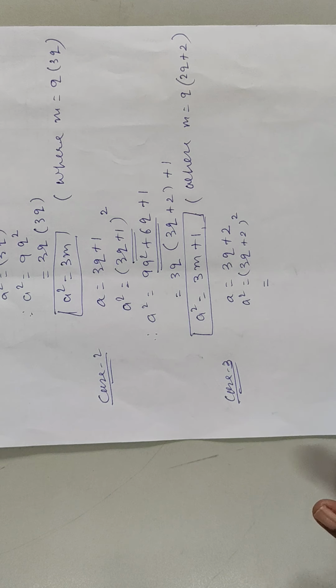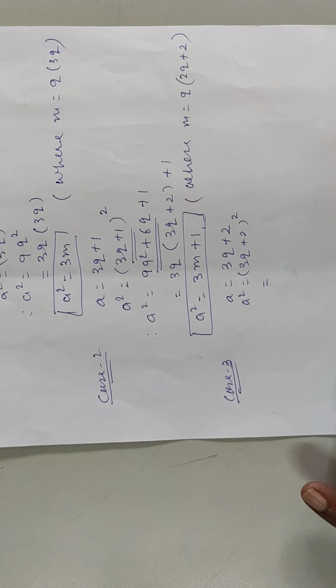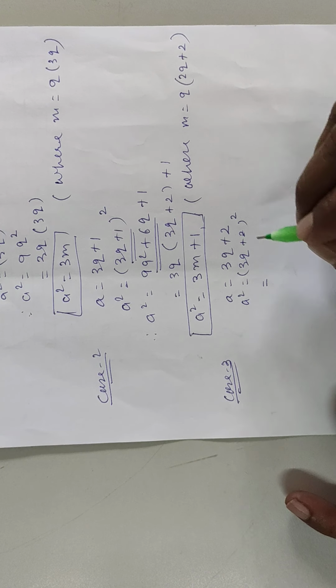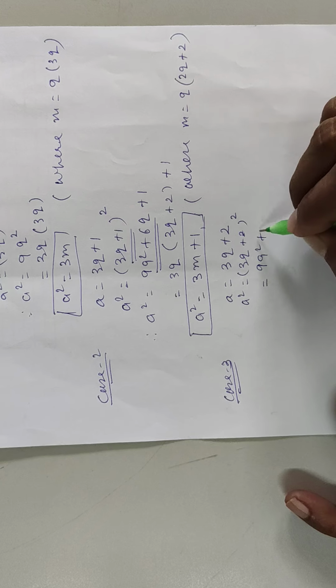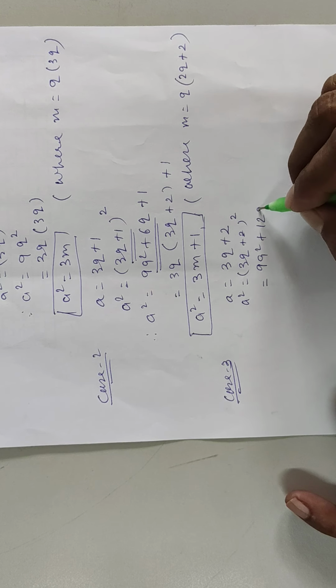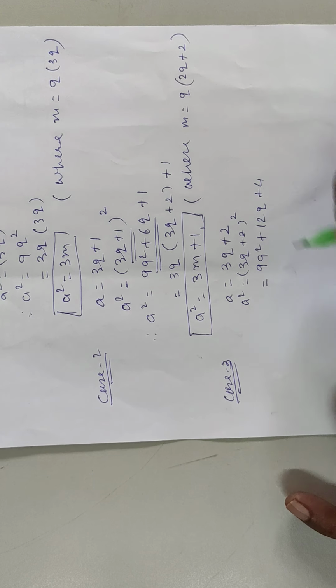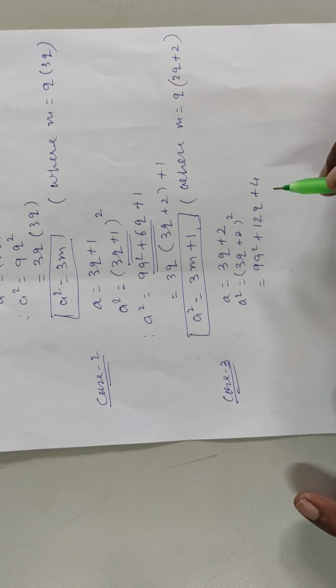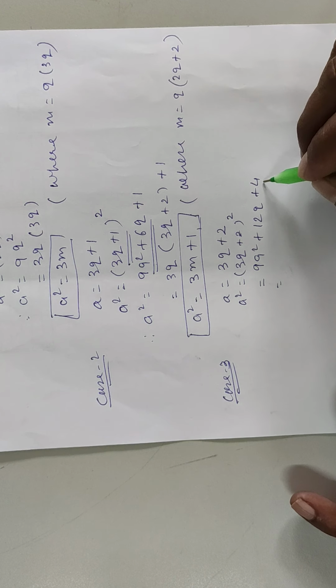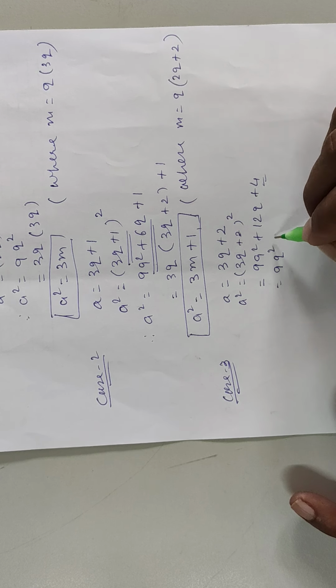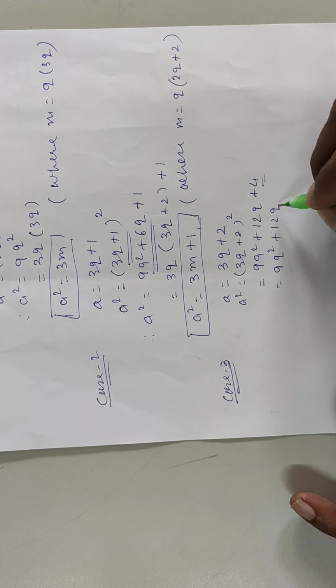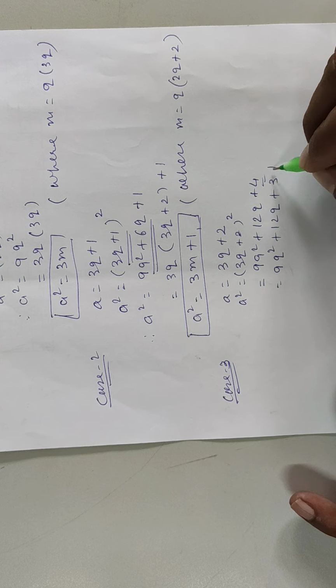Again using the identity of a plus b whole squared, 9q square plus 12q plus 4, right? Now splitting 4, 9q square plus 12q plus 3 plus 1.